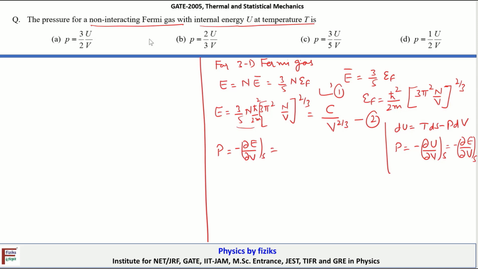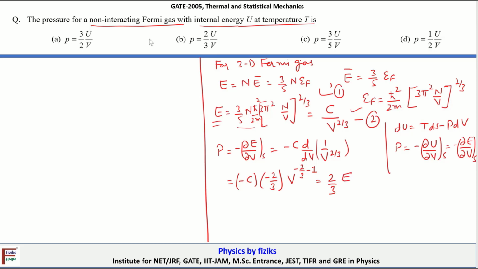So differentiate this equation with respect to V. We obtain minus C d by dV of 1 upon V power 2 by 3. After differentiation, we obtain minus C and then the exponent minus 2 by 3 and V power minus 2 by 3 minus 1, and that is equal to 2 by 3, minus minus becomes plus, and then we have C divided by V power 2 by 3.